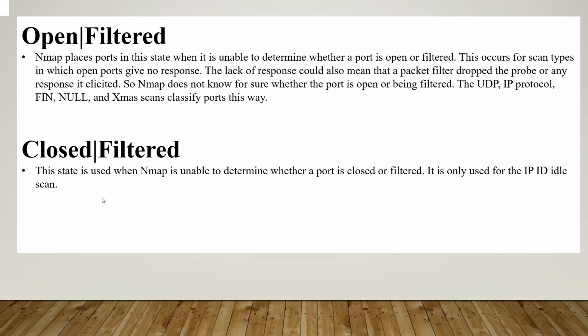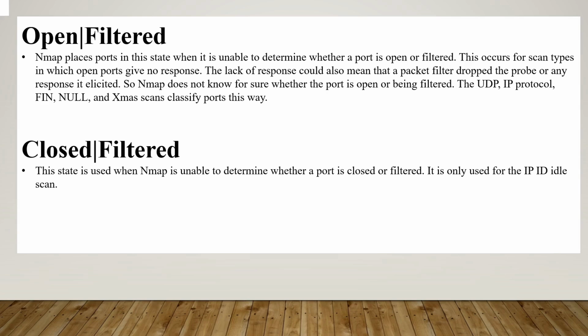This occurs for scan types in which an open port gives no response to Nmap. The closed|filtered state is used when Nmap is unable to determine whether the port is closed or filtered. It is only used for the IP ID idle scan.